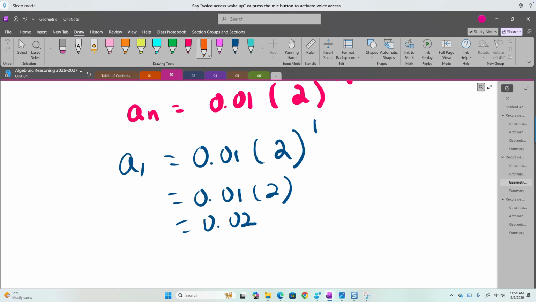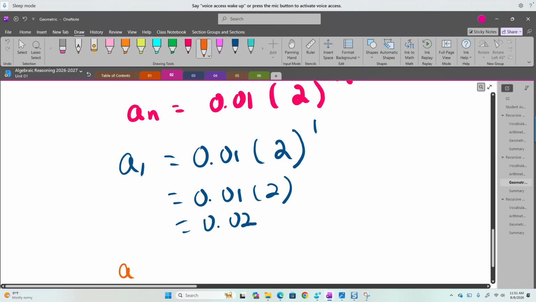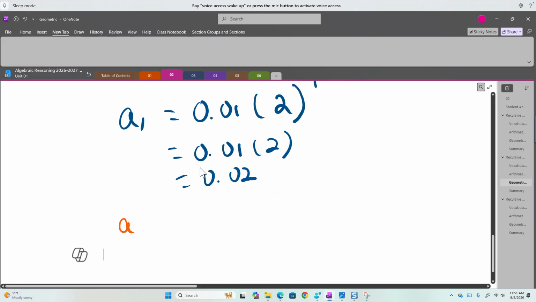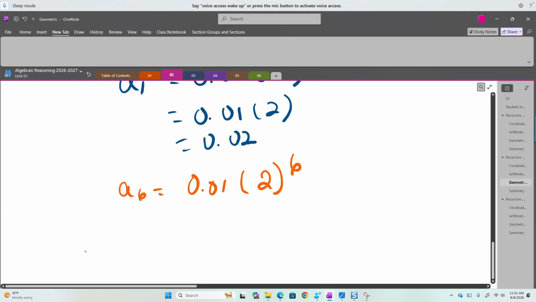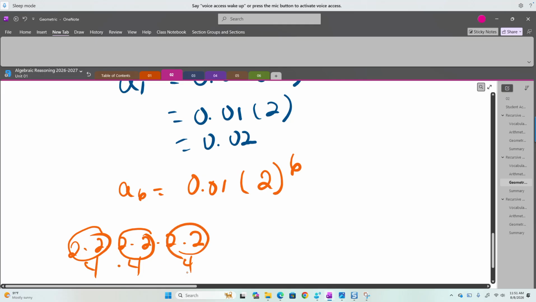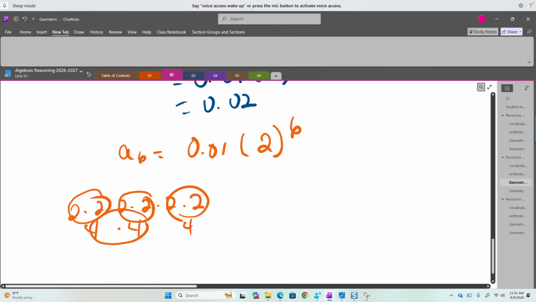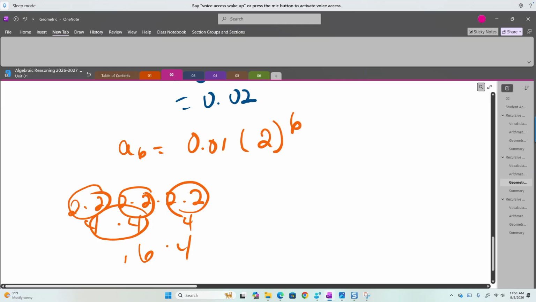Let's do a point here. A subscript 6 equals 0.01 times 2 raised to the 6th power. All right, we can use our calculator, but we're not going to use our calculator, so we're going to do 2 times 2 times 2 times 2 times 2 times 2. 2 times 2 is 4, 4, 4. 4 times 4 is 16 times 4.